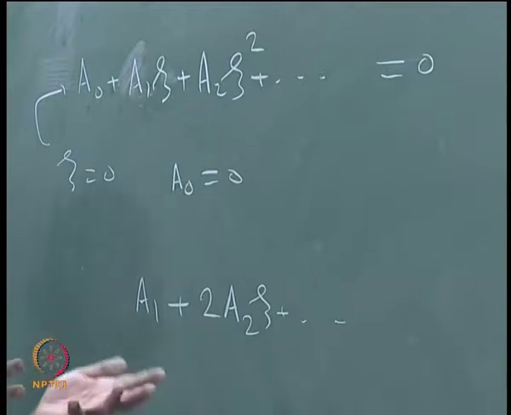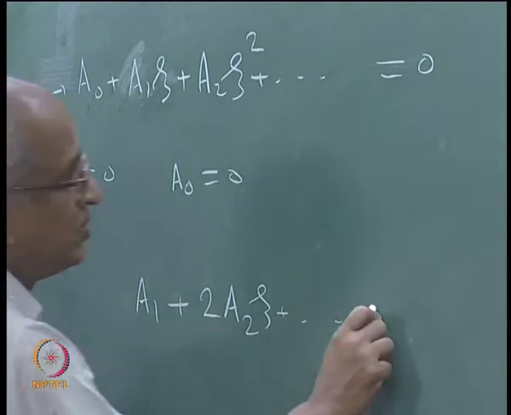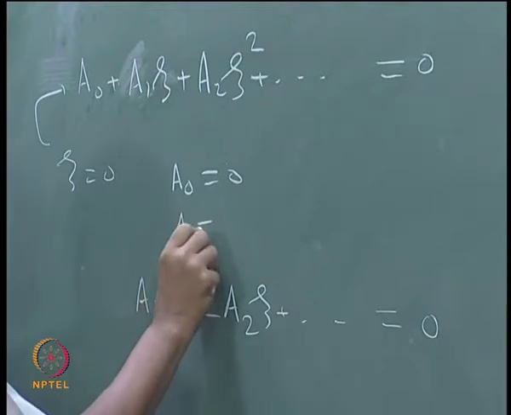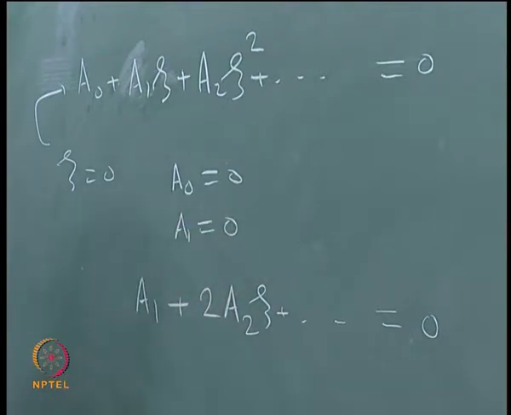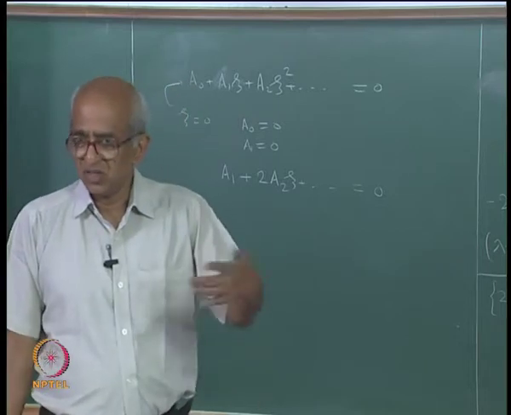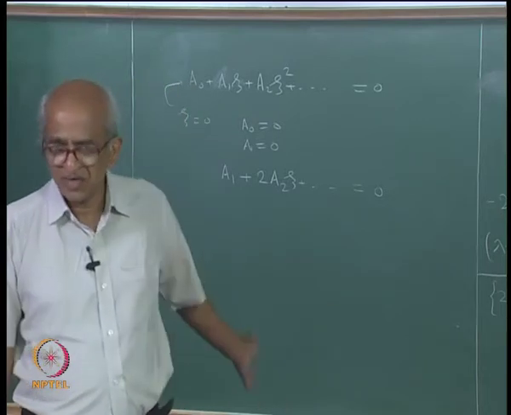The right hand side has to be 0, because you are differentiating 0. So, you will find that a1 has to be 0. Then you differentiate once more and put c equal to 0, you will find that a2 has to be equal to 0, then a3 has to be equal to 0, and so on. That is another way of arguing the same thing.